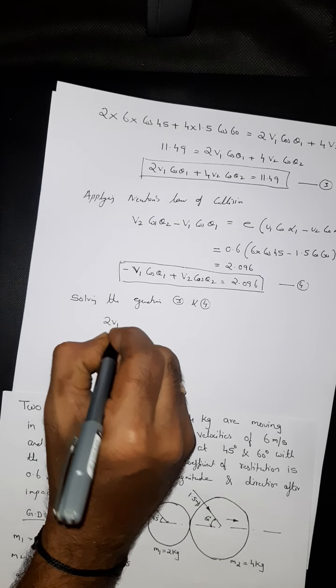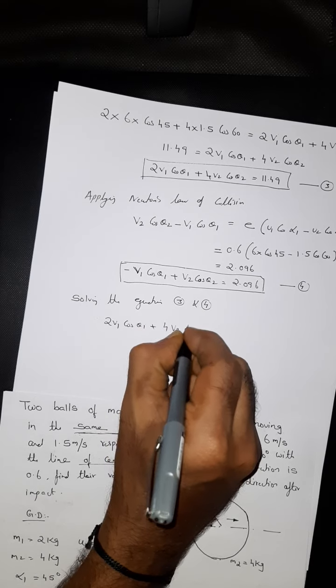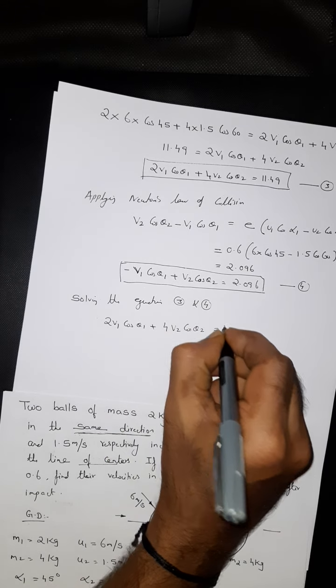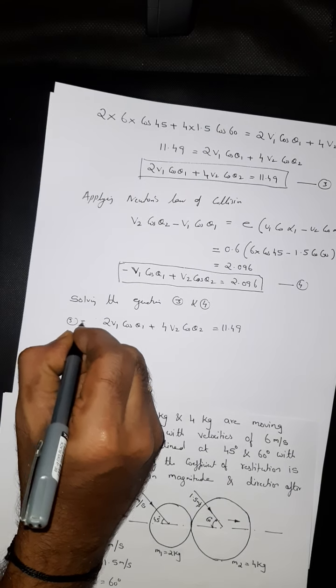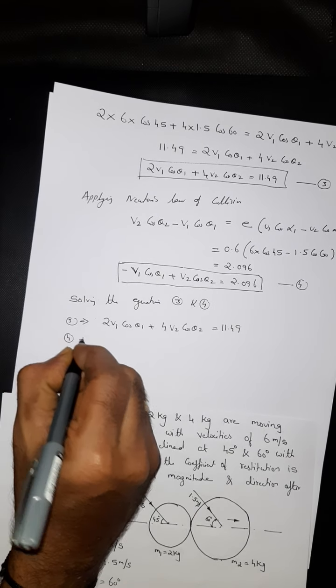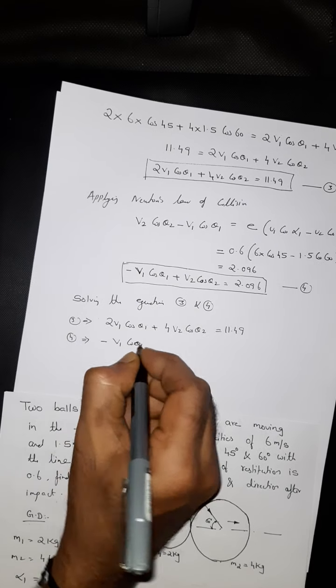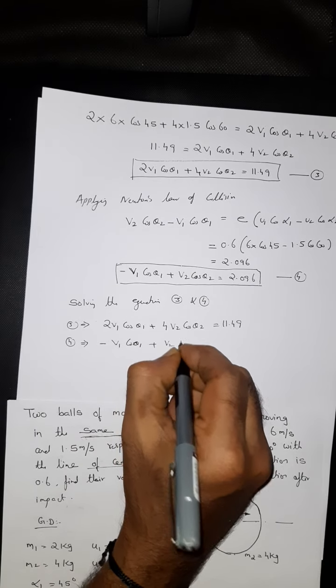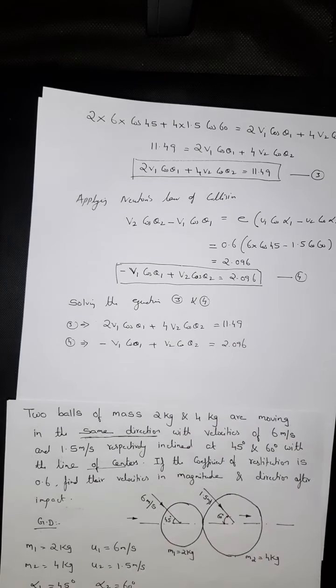Equation 3 is 2 v1 cos theta 1 plus 4 v2 cos theta 2 equal to 11.49, and equation number 4 is minus v1 cos theta 1 plus v2 cos theta 2 equal to 2.096.